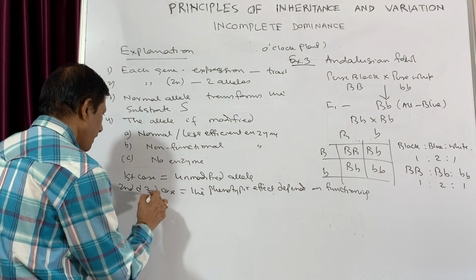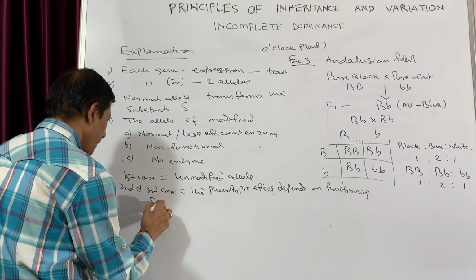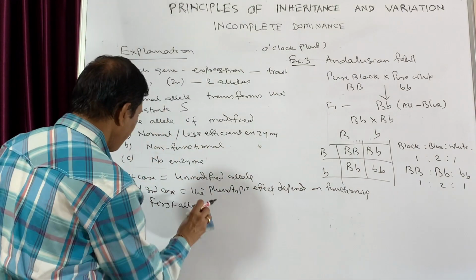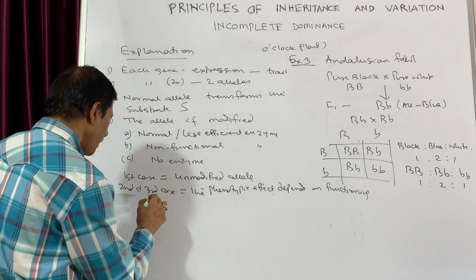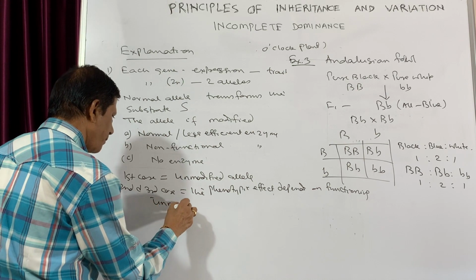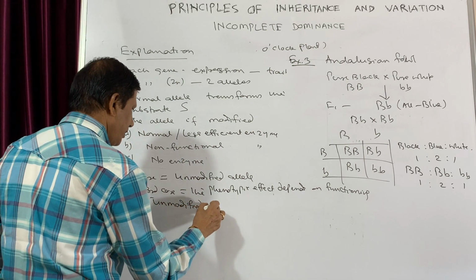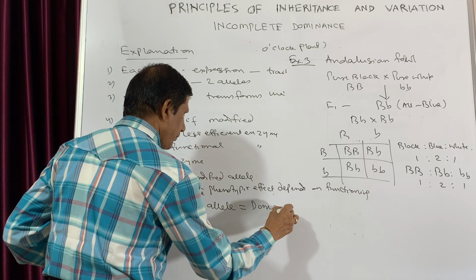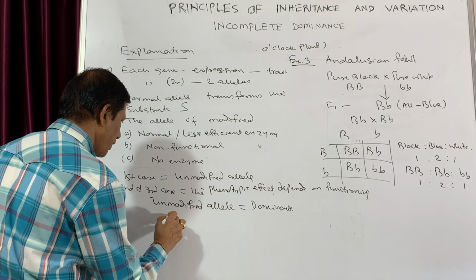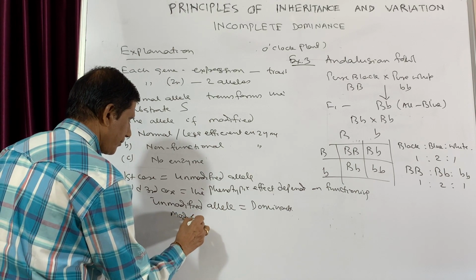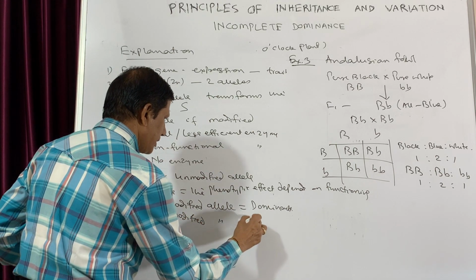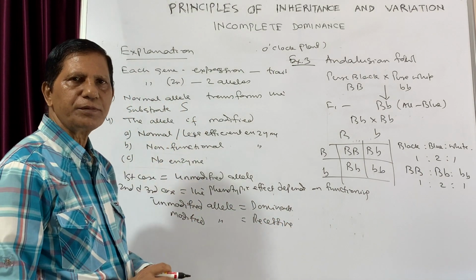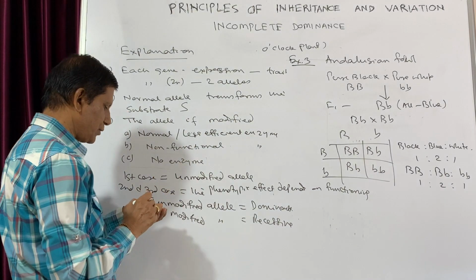That means the unmodified allele is dominant, and the modified allele is recessive. That is why the behavior becomes different. So these are the three examples.